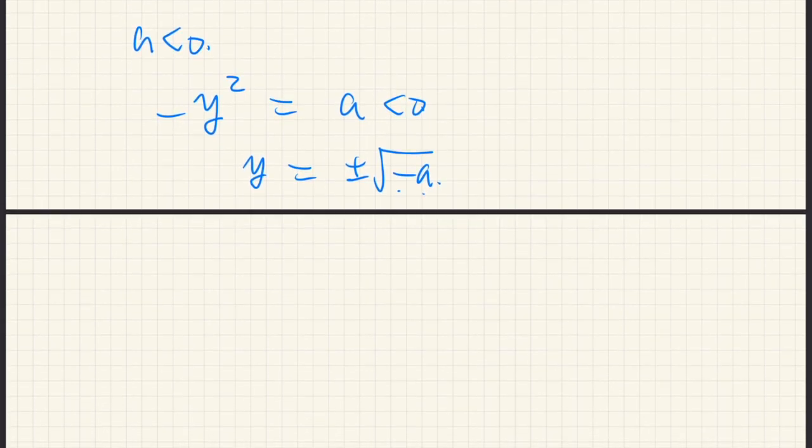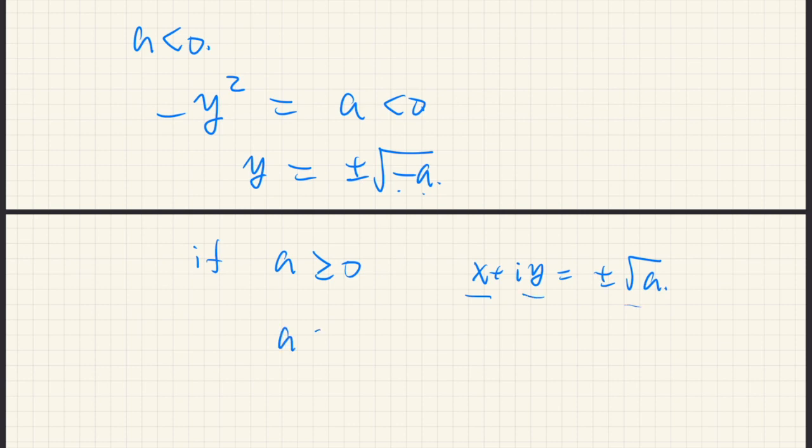In summary, if a is non-negative, then the square root x plus iy has x equal to plus minus the square root of a and y equal to 0. And if a is negative, then y is plus minus the square root of negative a.